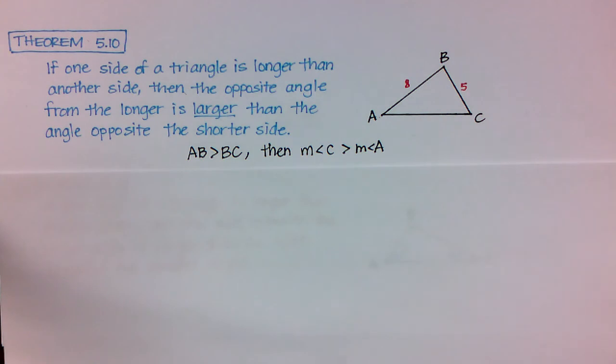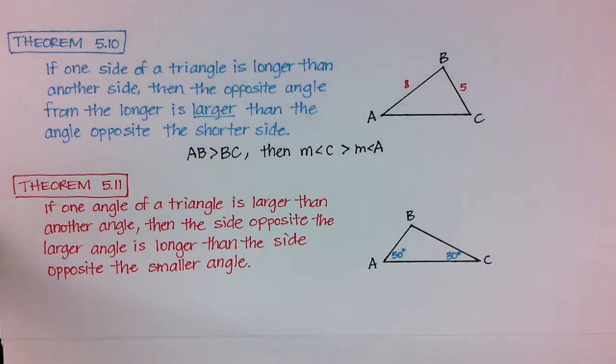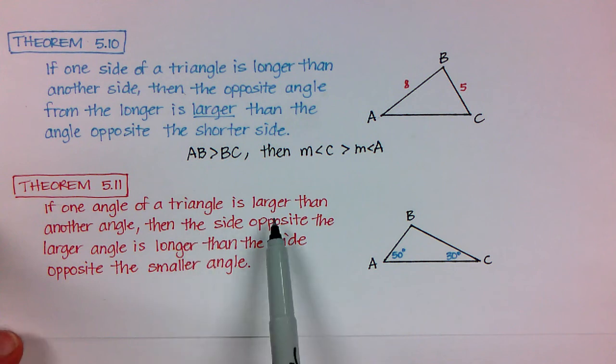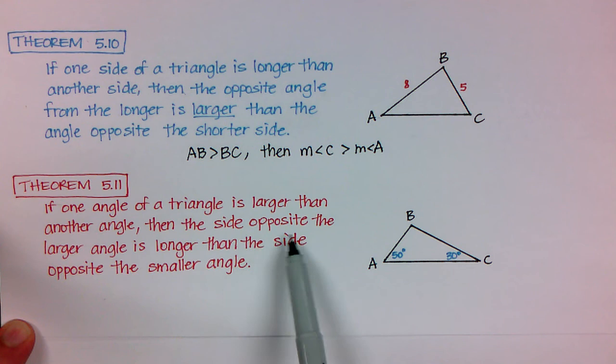Okay, awesome. And there's a second theorem that is very, very similar. It's theorem 5.11, and it says if one angle of a triangle is larger than another angle, then the side opposite the larger angle is longer than the side opposite the smaller angle.